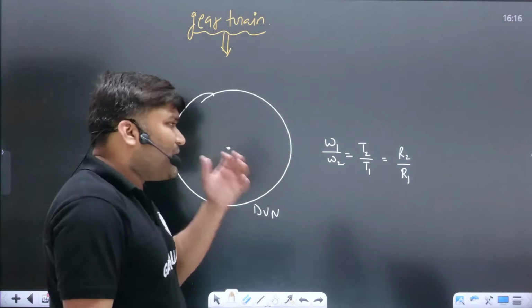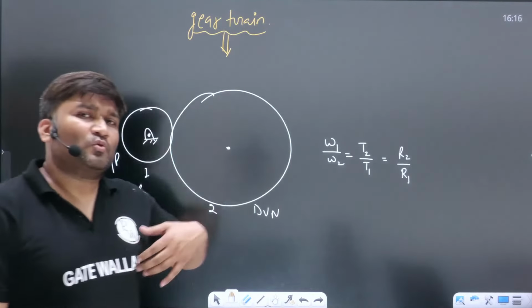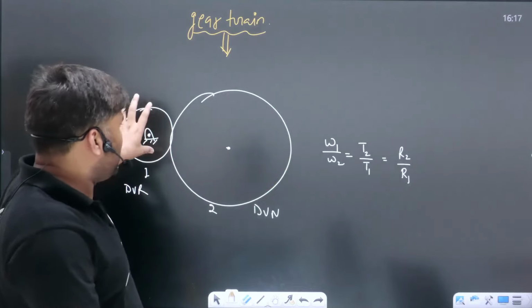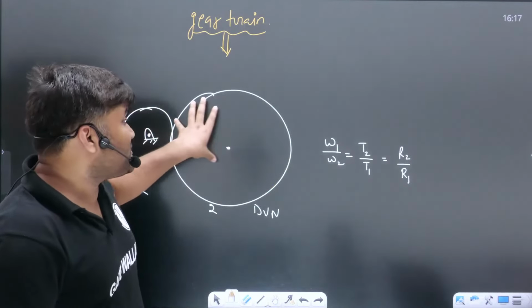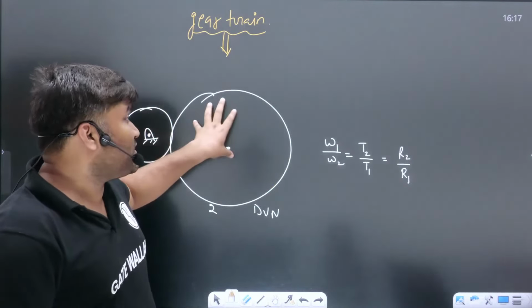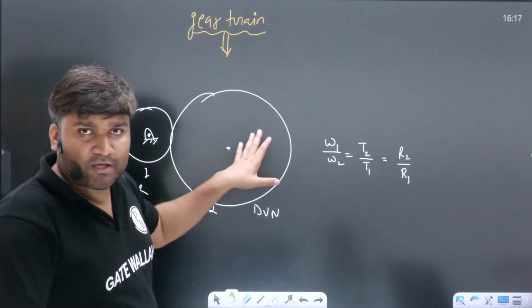Getting the point? So can you imagine, sir, I have provided some omega 1 of 1000 rpm as input, and at the output if I have to reduce the speed to half, 500 rpm, then the radius must be doubled. I have to double the radius of the output gear.